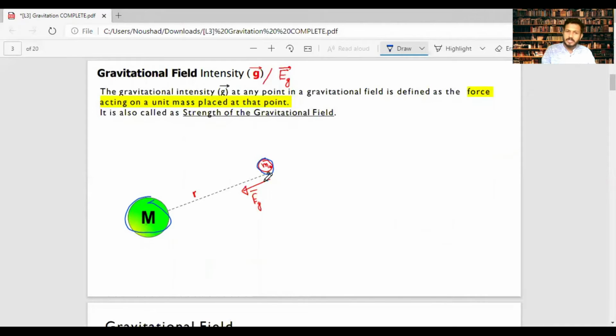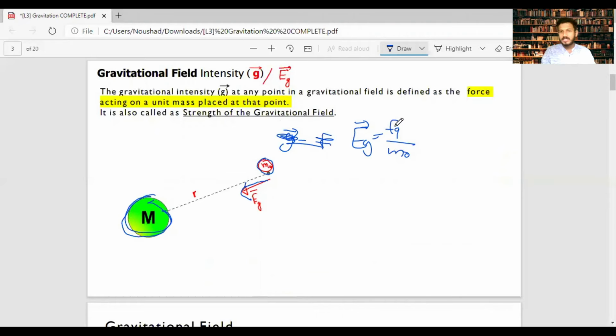There is a force experienced towards capital M, because this M0 is placed in the gravitational field of capital M. How much force is experienced by M0? That is F. Then what is gravitational field intensity? Vector E_g equals F_g divided by M0.